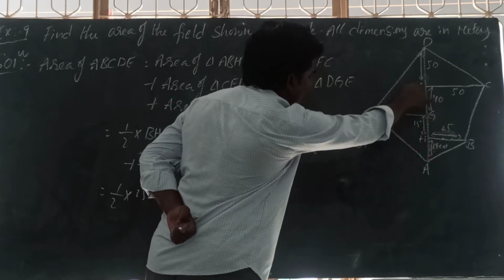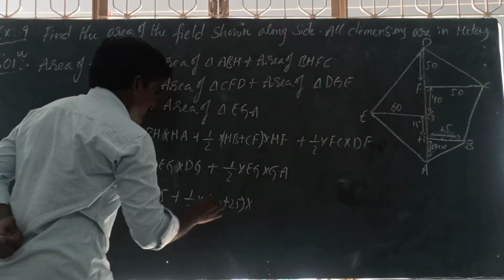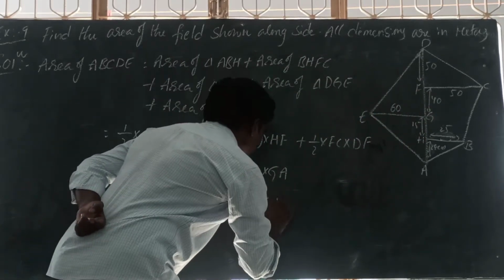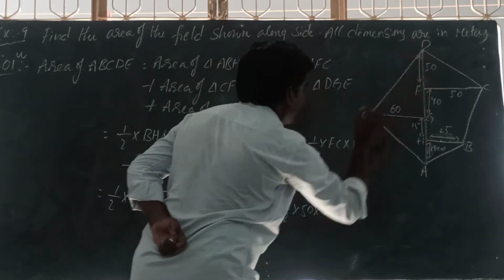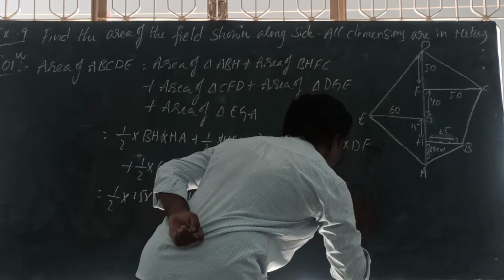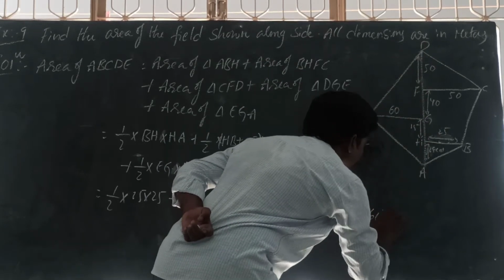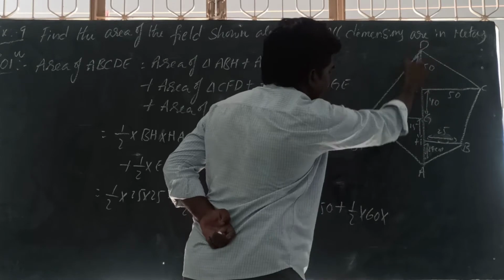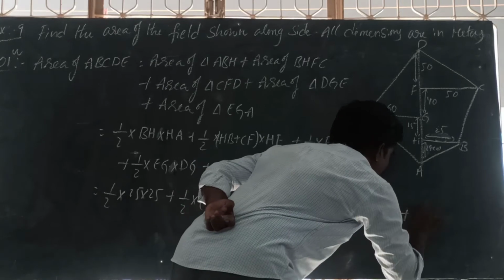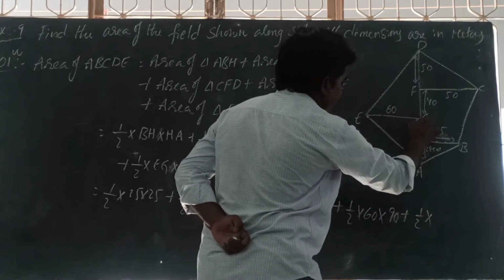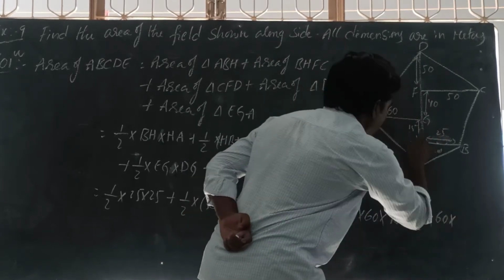In this FH there is FG plus GH, that is 40 plus 15, that is 55, plus half into base 50 into height 50, plus half into base 60 into height DF plus FG, 50 plus 40, 90, plus half into base 60, height is 15 plus 25, 40.